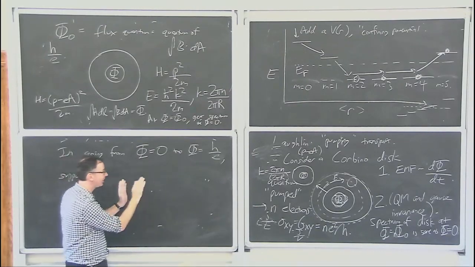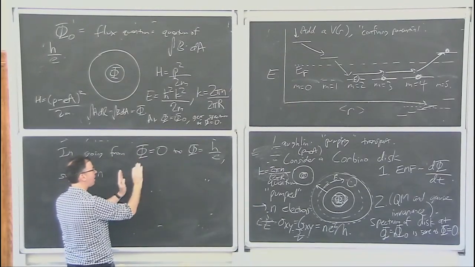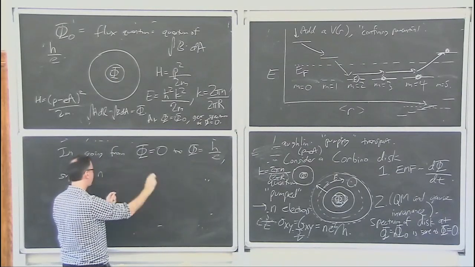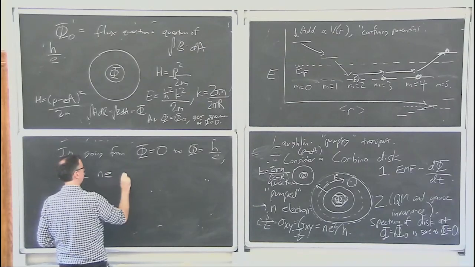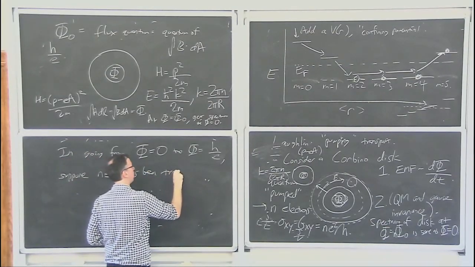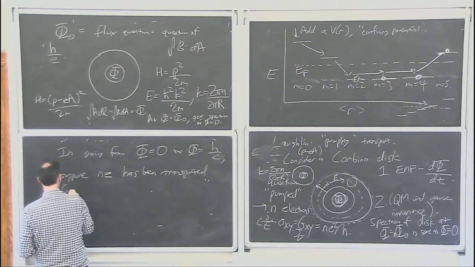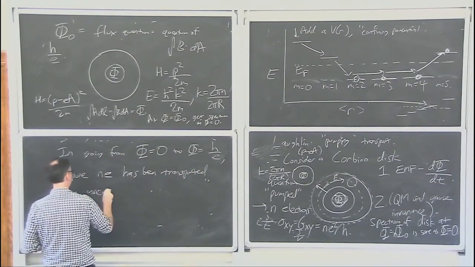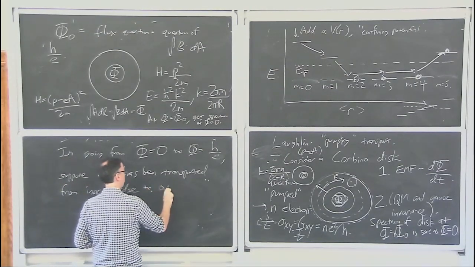It would have to be a faster process if I wanted to dump energy in, but I've slowly ramped up the flux, and that created a small electric field. Suppose N electrons have been transported from the inner edge to the outer edge.